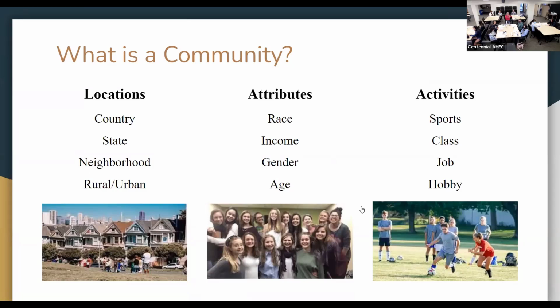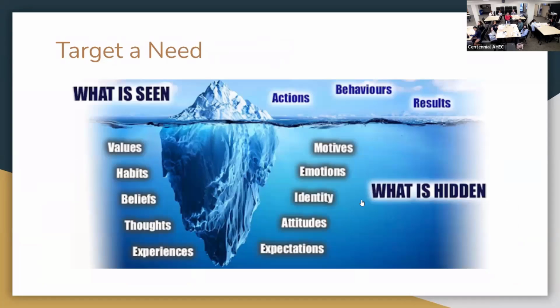Once we know what community we're working with, it's important that we determine what their needs are and that we're really hearing their voice and having them impact the work that we're going to do. I like to refer to what's called the iceberg model. With icebergs, what you see is only a very small portion of what is going on.